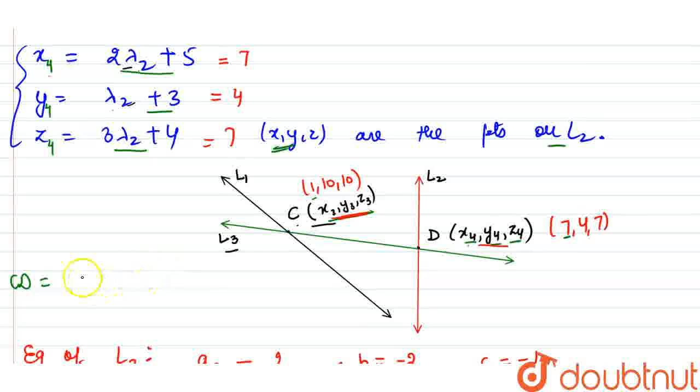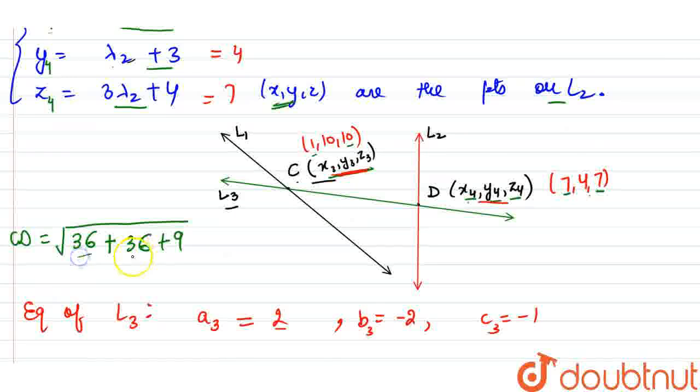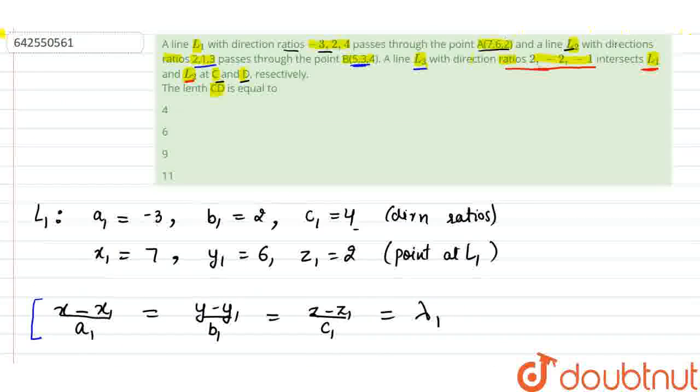So 7 minus 1 will be 6 square, that is 36, plus 4 minus 10, that is minus 6, and square of minus 6 is 36 again, and then 7 minus 10, that will be minus 3, and 3 square is 9, all in the under root. So this is 36 plus 36, 72 plus 9, 81. So this is root 81, and root 81 is 9. So we have got the length of CD as 9. So correct option to the question is option number C.